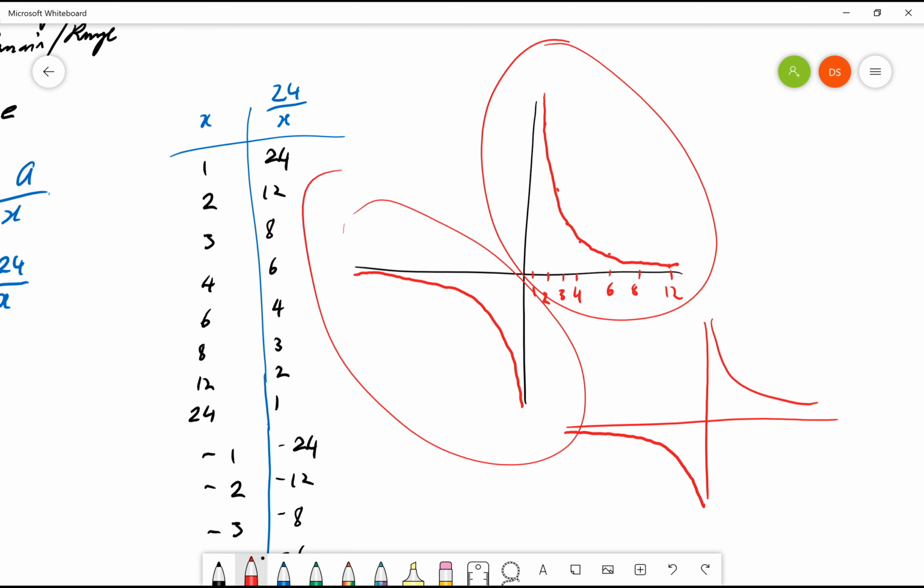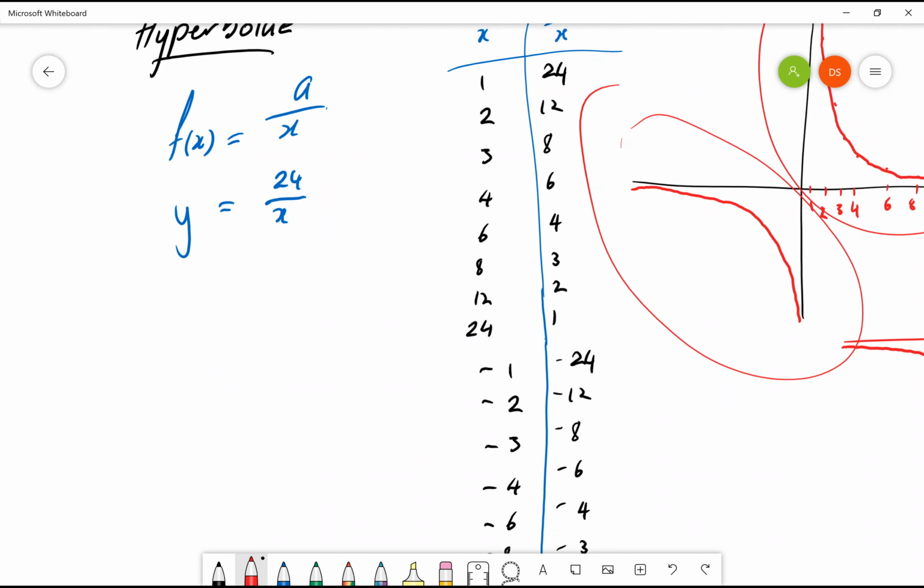And so if we go to properties, domain and range, they sort of stay the same.